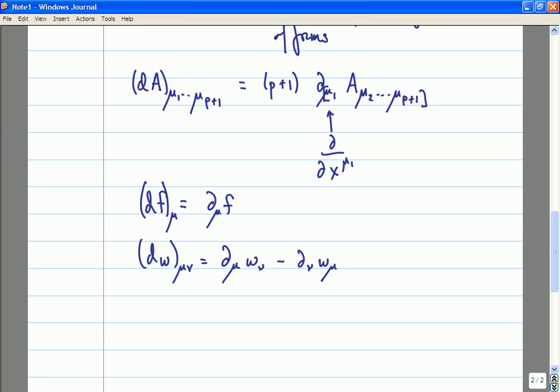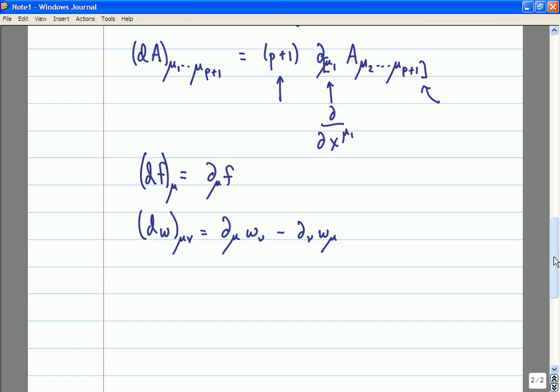There is a factor of 2 coming from here, but if you remember my definition of anti-symmetrization, there was a factor of 1/2. So hopefully everything cancels out there. Now, if I have 3 indices, how many ways are there of permuting 3 indices? Well, there are 6, if I remember correctly.